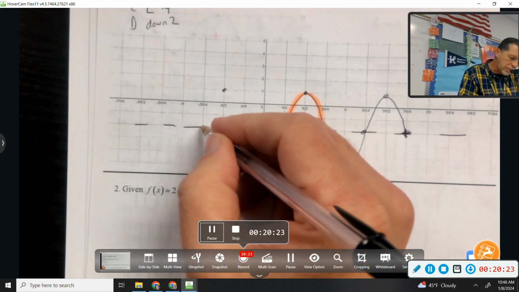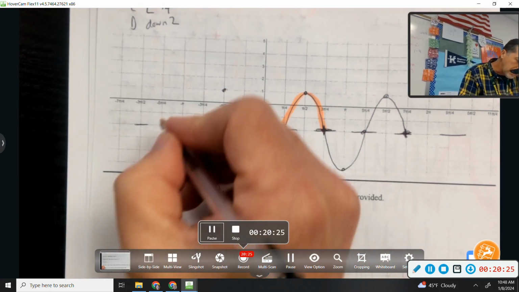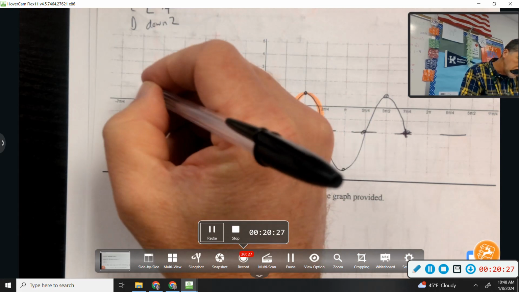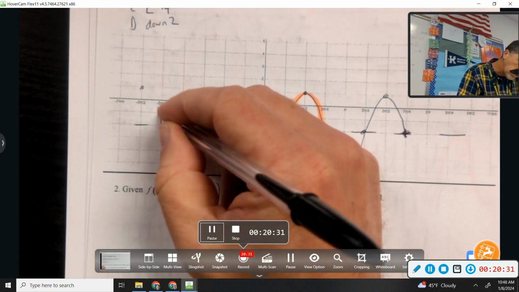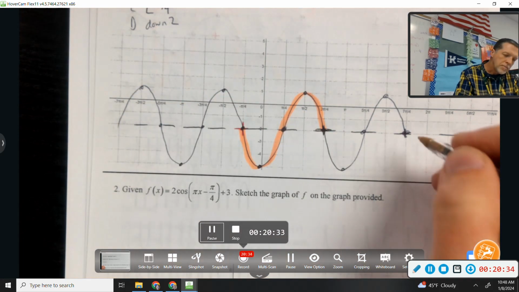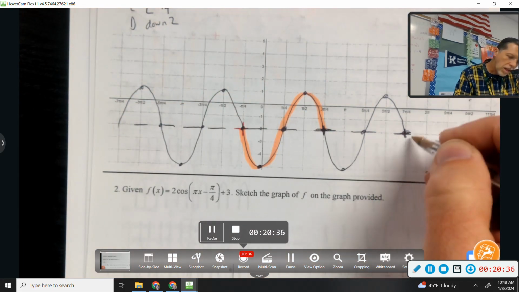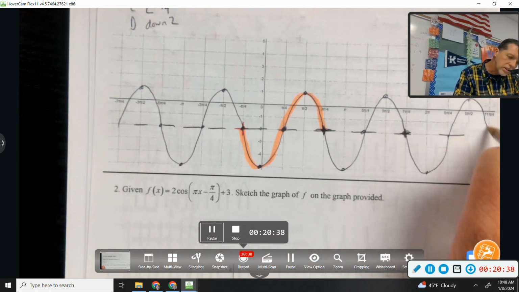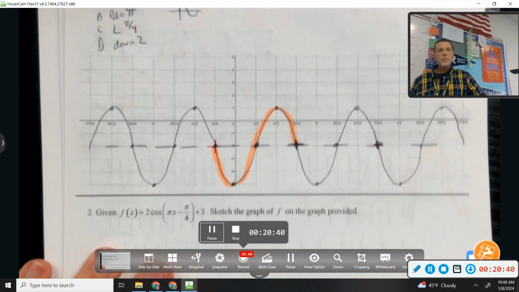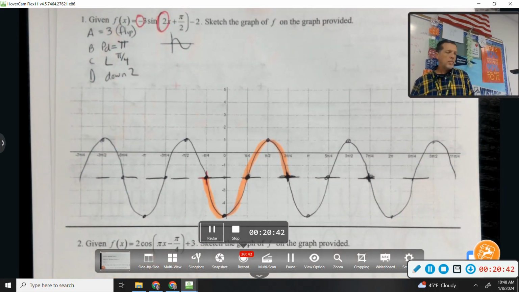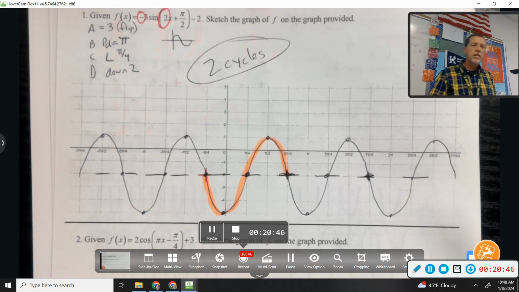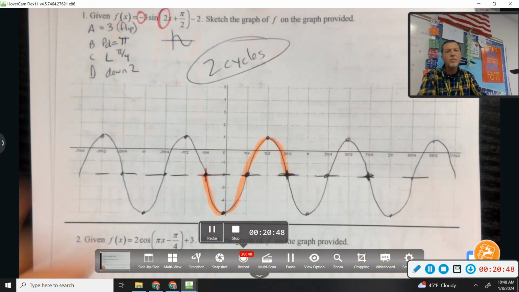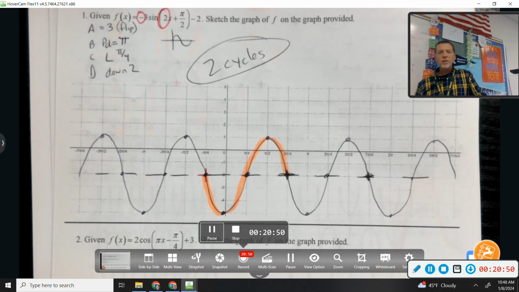Maximum, 0, minimum, 0, maximum, just keep going as long as you like. Just go all out, graph the whole thing. Again, all I'm looking for though is 2 cycles. So any 2 cycles you want to graph.